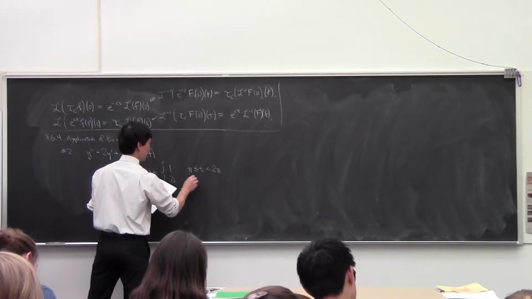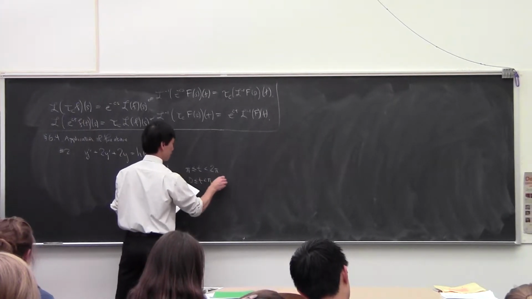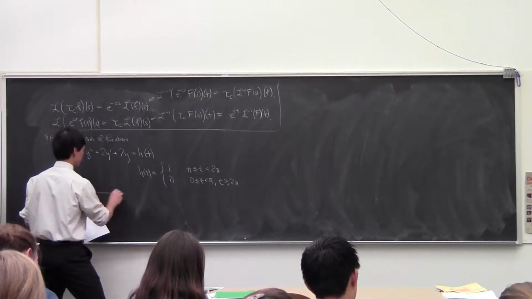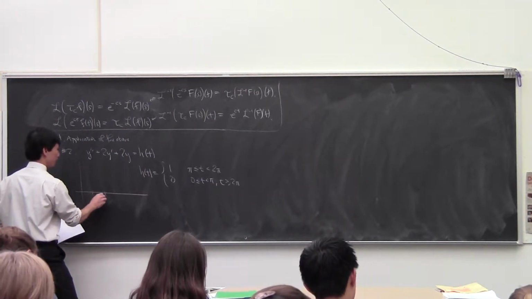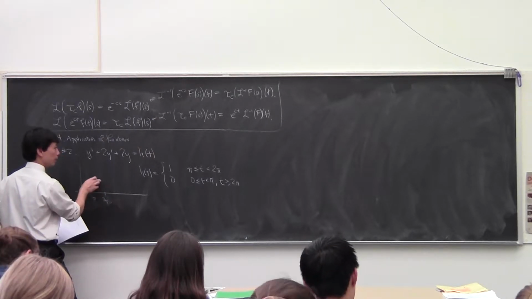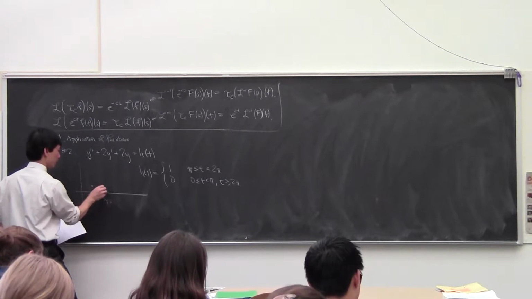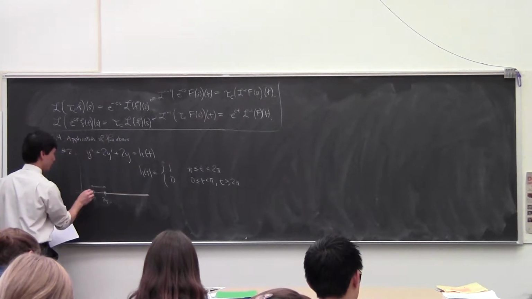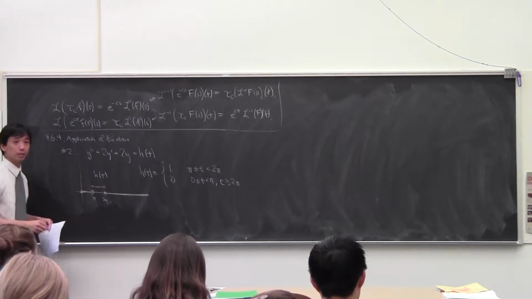So it's 0 before and after. h looks like this: between pi and 2 pi it is 1, and previously and afterwards, it's 0. So this is what h is.